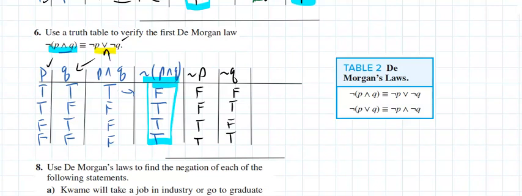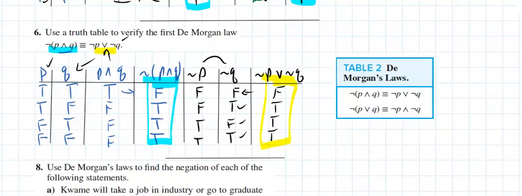And if I take this or this, well, if it's or, the only time it's false is when they're both false, otherwise it is always true. And if I look at those two, I notice they are the same. So yes, that does work.